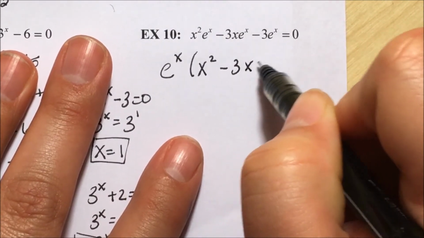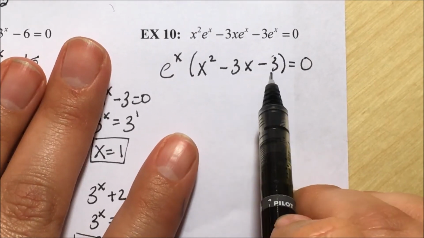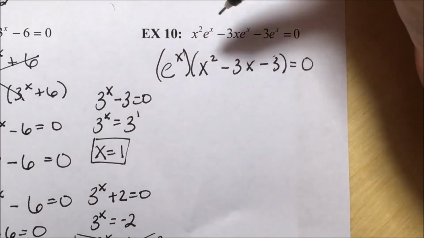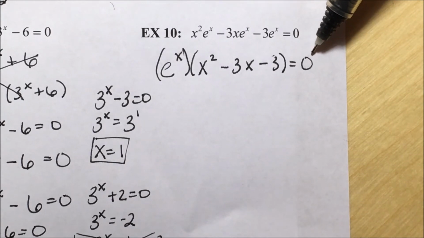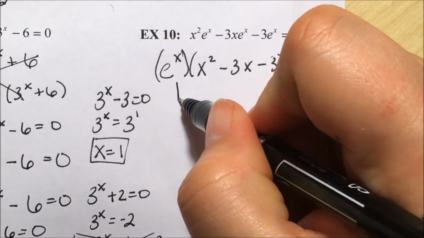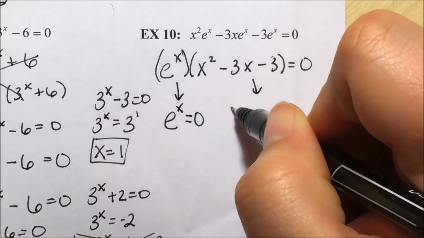What's left behind is a quadratic. So I know how to handle that. And if you remember that by taking something out as a factor, we have two factors set equal to 0. And just like any other time we factored, including the last one, you can set each factor individually equal to 0 to solve.